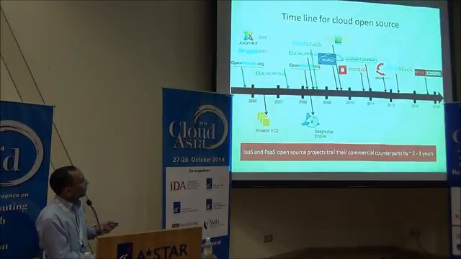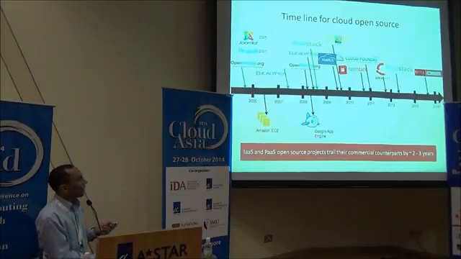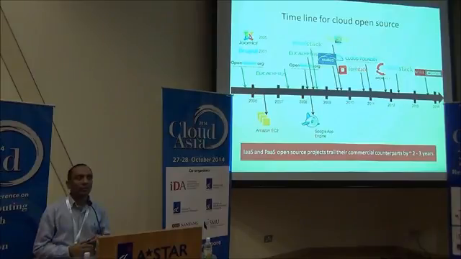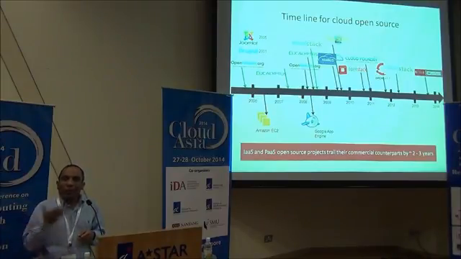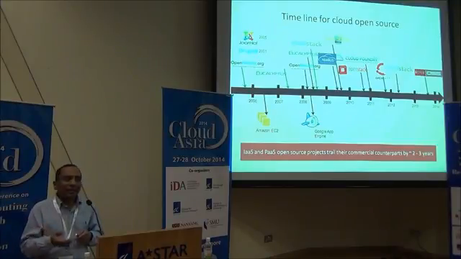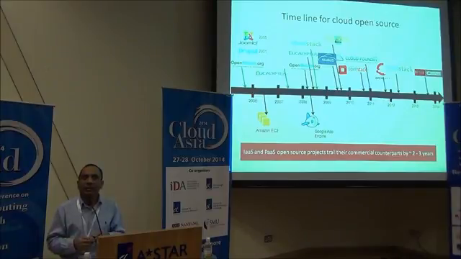All right. IaaS and PaaS open source projects trail their commercial counterparts by 2 or 3 years. That's one observation. The commercial version happens first, then the open source version trails by 2 to 3 years. That has been the trend in this community.